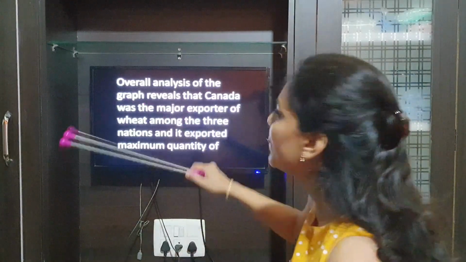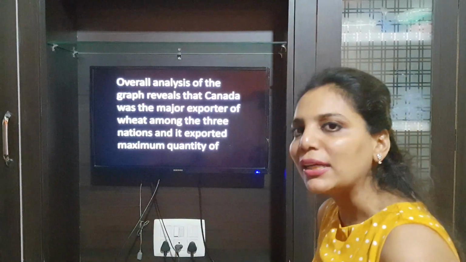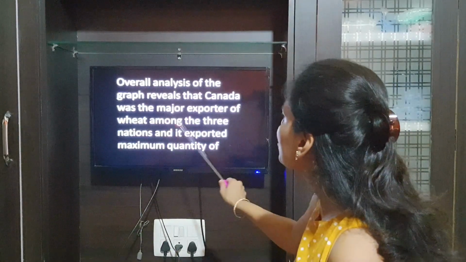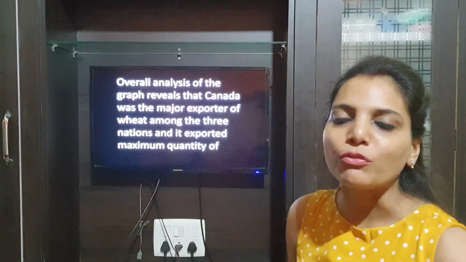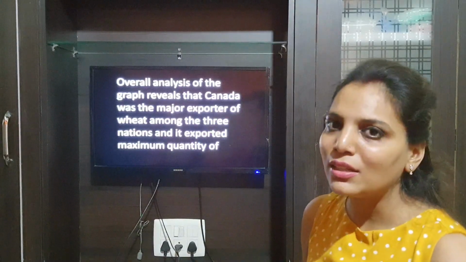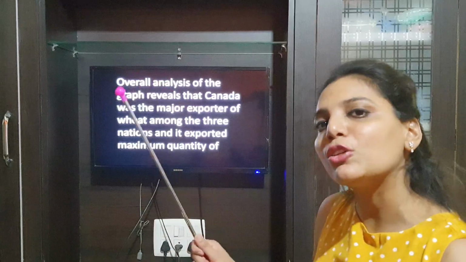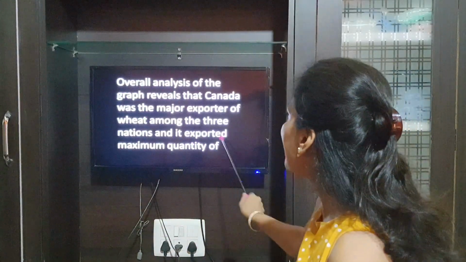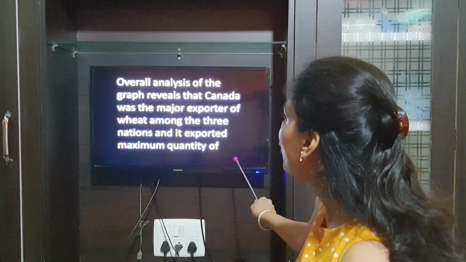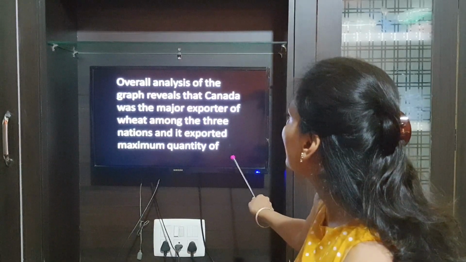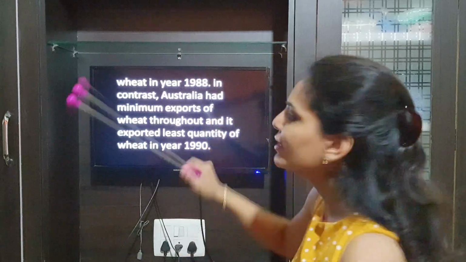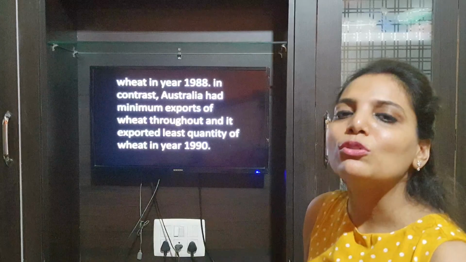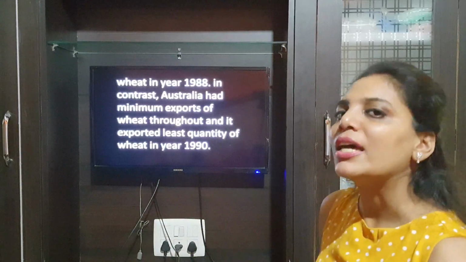So Canada was the major exporter, meaning it was exporting maximum wheat among the three nations, and it exported maximum quantity of wheat in year 1988. That is what I have written, that the wheat exports of Canada were maximum in year 1988.